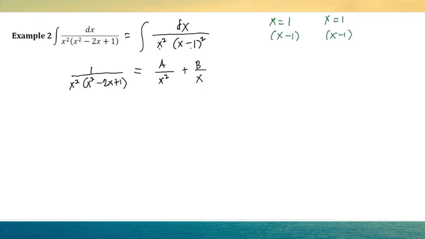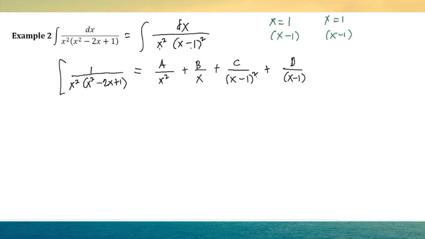So stop na tayo pag raised to 1 na siya. So plus c over, dito na naman tayo, x minus 1 square plus d over, so minus 1 the exponent, x minus 1, and stop. So may apat tayong arbitrary constants na kailangan i-determine.